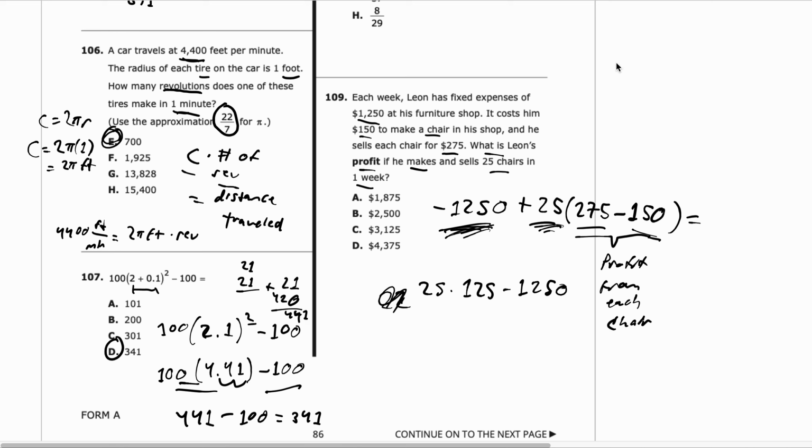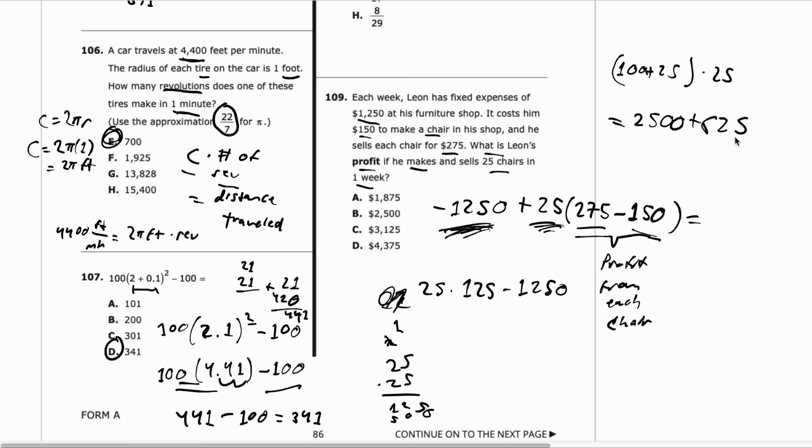Now this, let's see. Sorry, I'm just taking a shortcut, but you could evaluate this. I really should know this. What is 25 times 25? 625. So that's 3125.